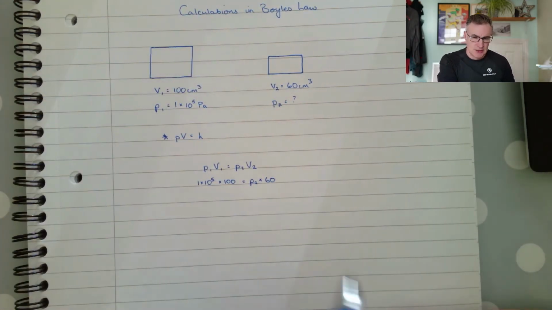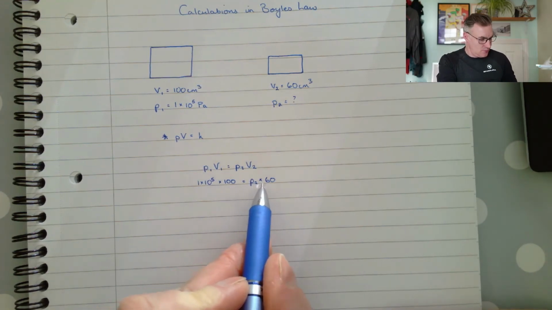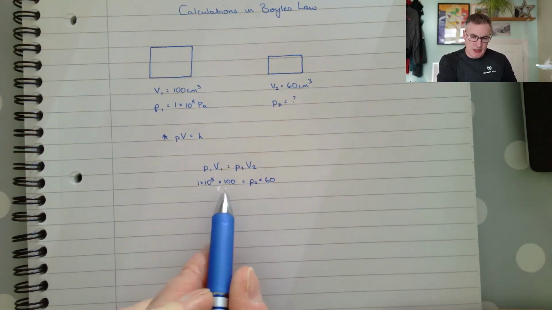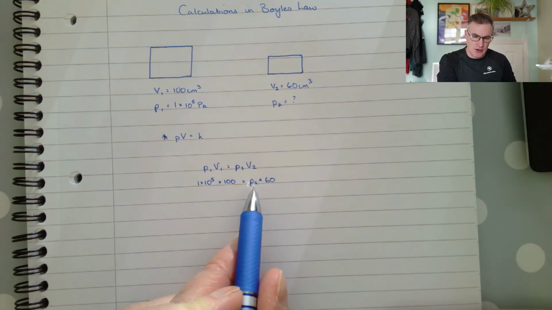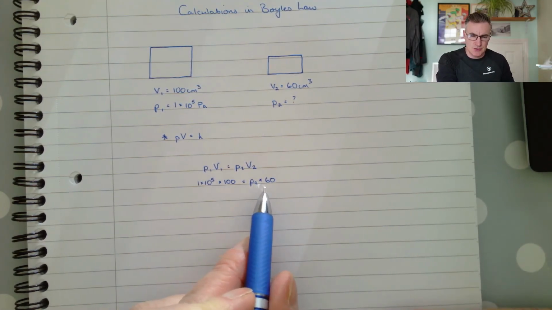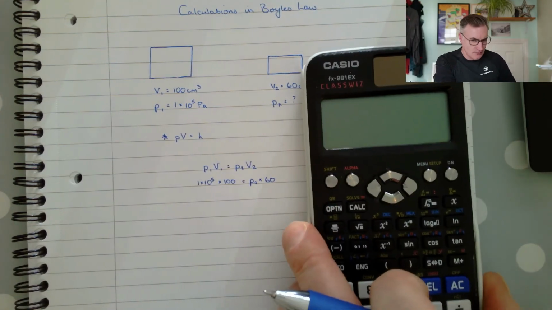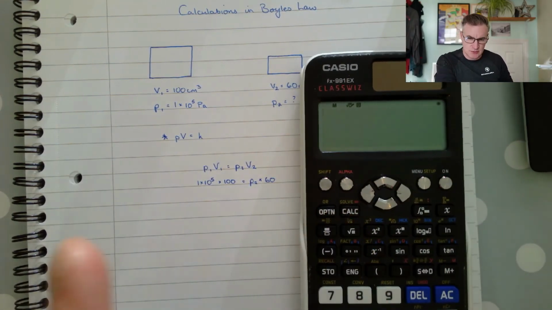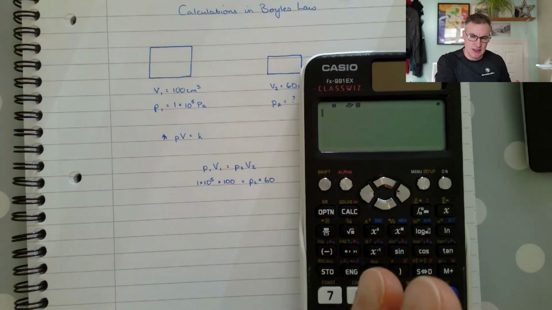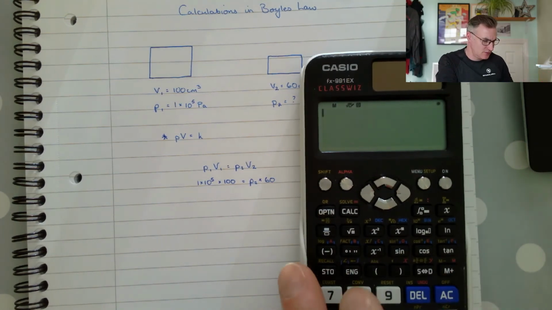Okay, we can cross multiply here, or we could choose to work out what this is before. We'll do a couple, and then we'll see different ways of doing it.